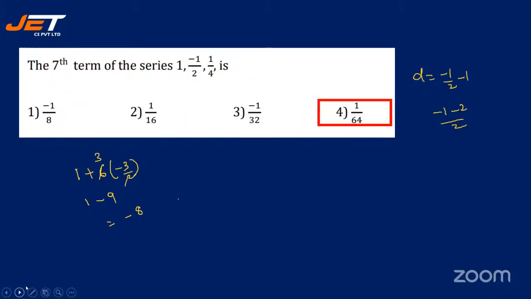By the way, first we should check whether it is AP. Minus half minus 1 is minus 3 by 2. Like that, 1 by 4 plus 1 by 2 will be 1 plus 2, 3 by 4. So it is not AP at all.